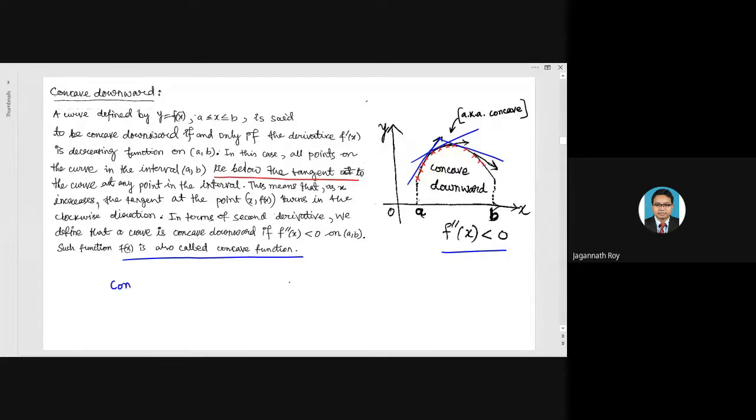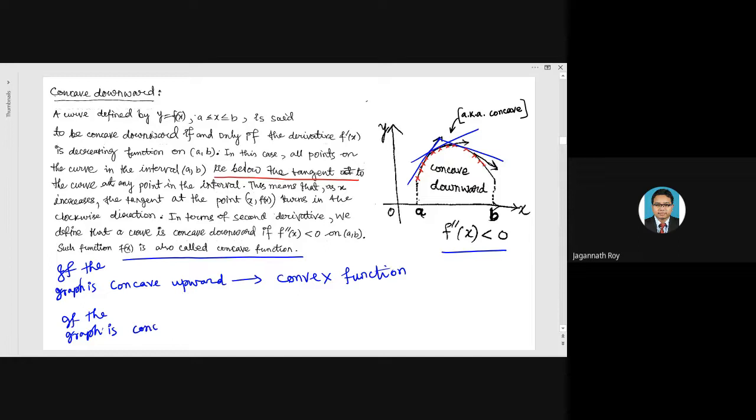So two possibilities. Either it is concave upward, so that will lead us to a convex function, and if the graph is concave downward, then the function is called a concave function.